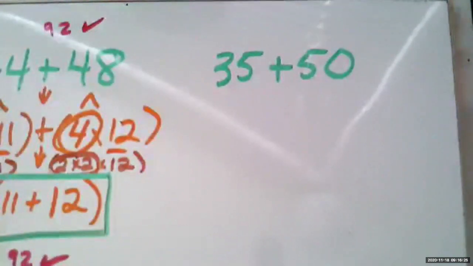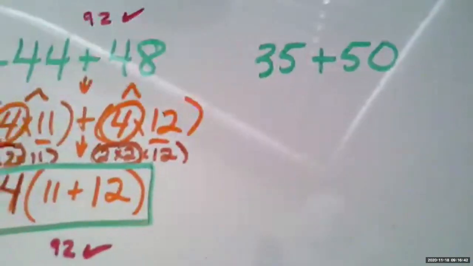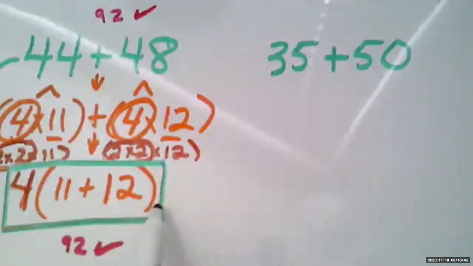Destiny, that's not how you write the final answer. Yes, Erin. Yes, Isabella. Yes, Brooklyn. Yes, Angel. Hayden, that's not how you write the final answer. The final answer needs to look like this distributive property.